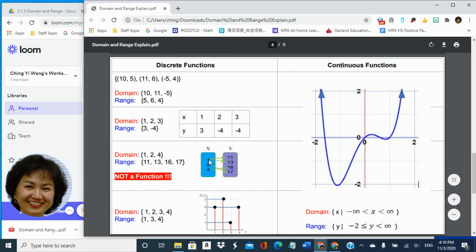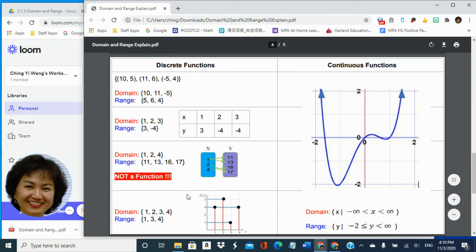You have repeated the x. So this is not a function. It is a relation. But the domain is only 1, 2, 4. And the range is 11, 13, 16, and 17. You just write them inside of this set symbol.